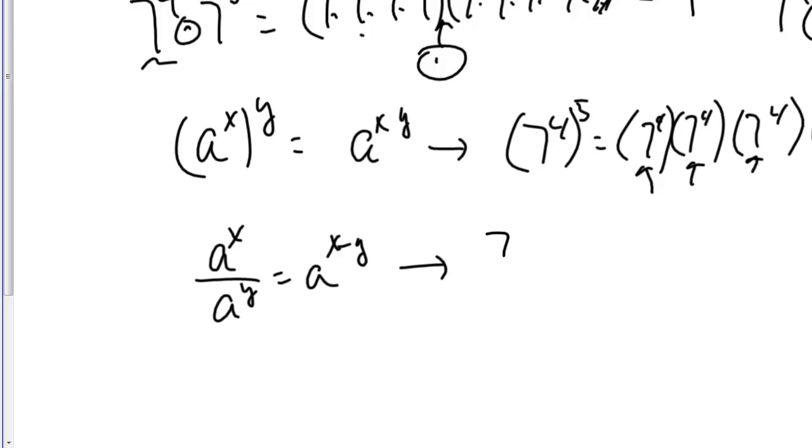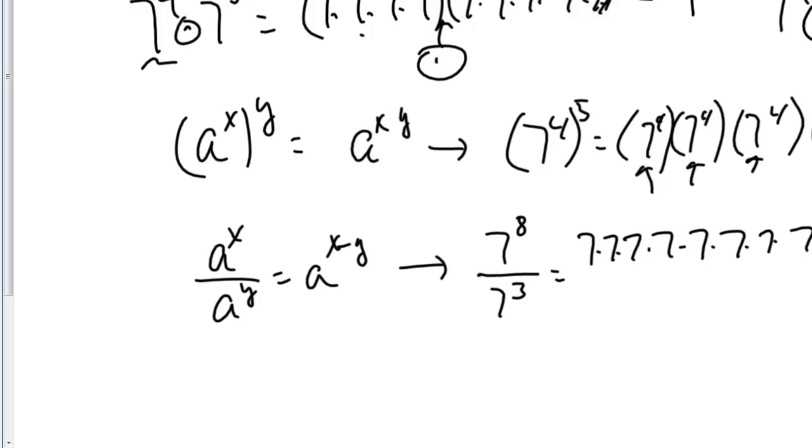Say we had 7 to the 8th over 7 to the 3rd. By definition here, this is 8 sevens strung together by multiplication, and then down here we have 3 sevens strung together by multiplication.